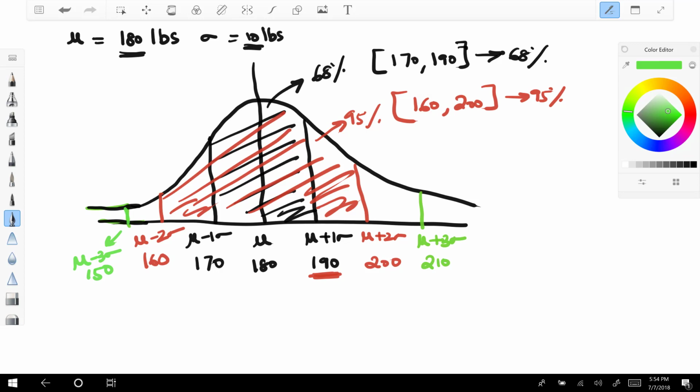So this whole area is 99.7%. Again, we are saying around 99.7% of the students will lie between 150 and 210 pounds of weight.